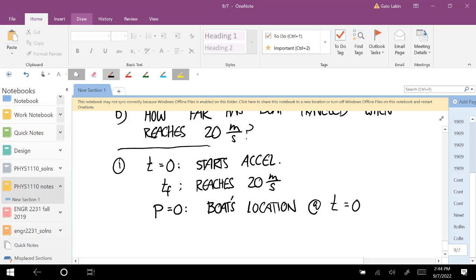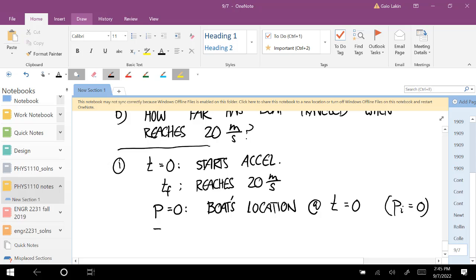And whenever you choose your position equals 0 to be the object's location at time equals 0, if you think about the definition of initial position, that makes your initial position 0. So it can sometimes simplify things. So this tells us that P initial is going to be equal to 0.